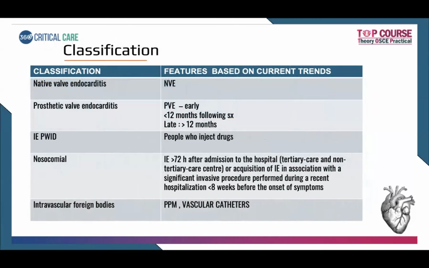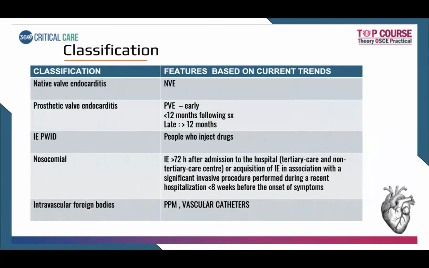The second classification would be based on a native valve, that is if the patient is having a bicuspid aortic valve or a prolapsed valve which is causing the issue, RHD which is causing the issue, or it is a prosthetic valve which you have placed is causing the issue.